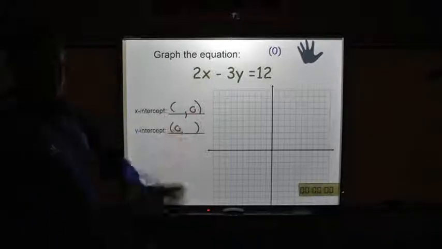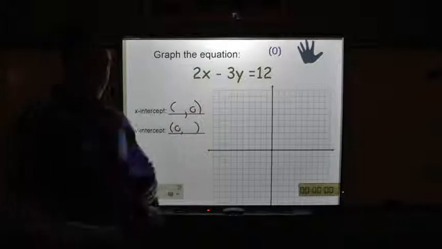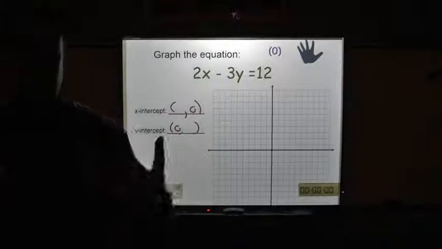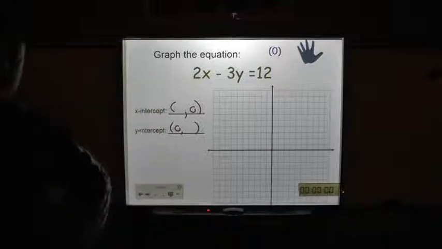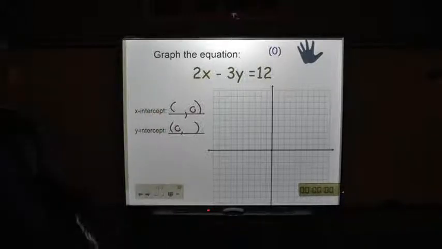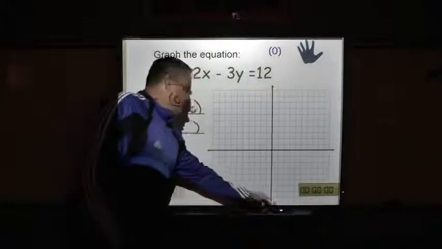We're going to use that fact to solve for the x and y-intercept. If you find the x-intercept and the y-intercept, that's 2 points. As long as you have 2 points, you can draw a line through those 2 points to create the line of that equation.